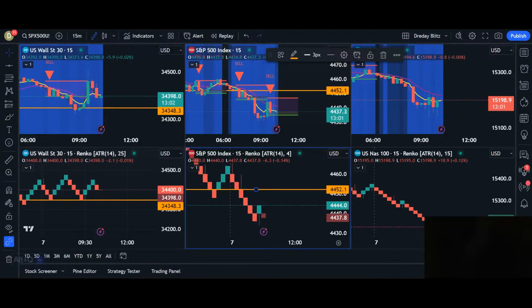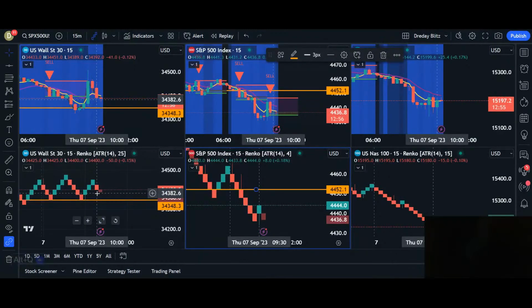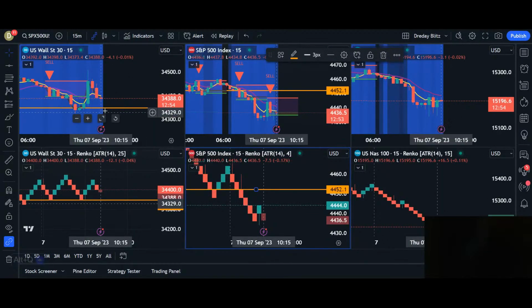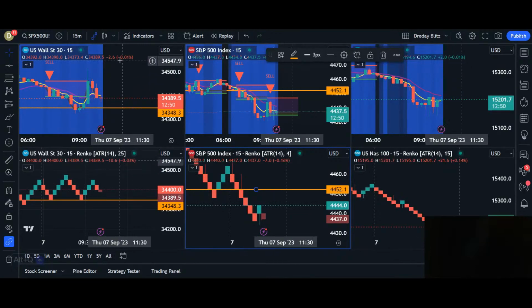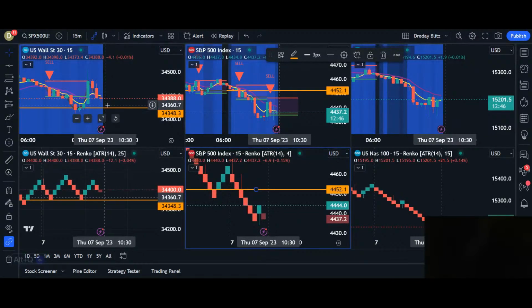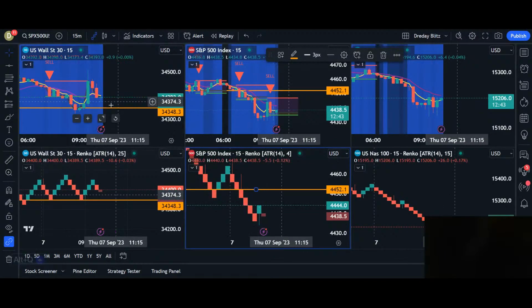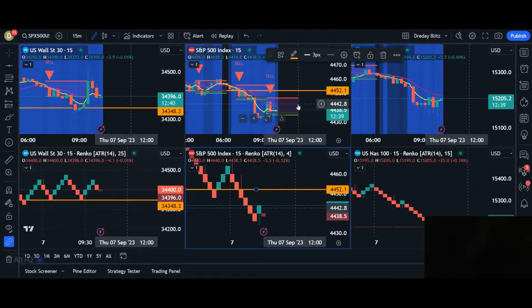So right now we have a reversal confirmed on the S&P, the US 30. So you can decide to get out of that trade if you are still in it, or you could wait until it takes your stop loss. You decide.